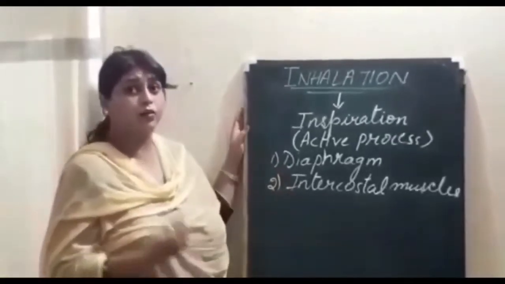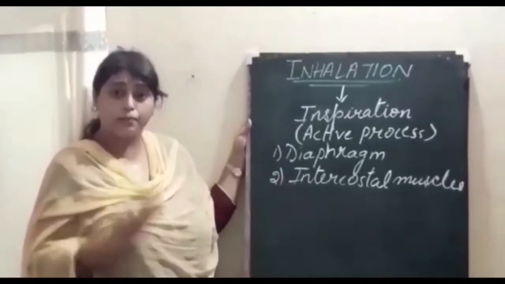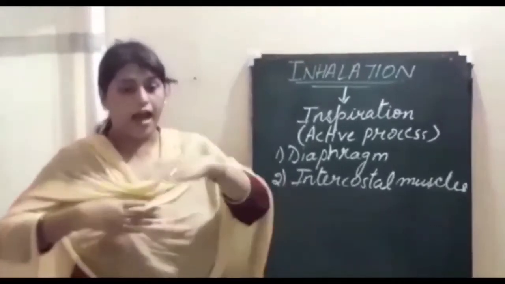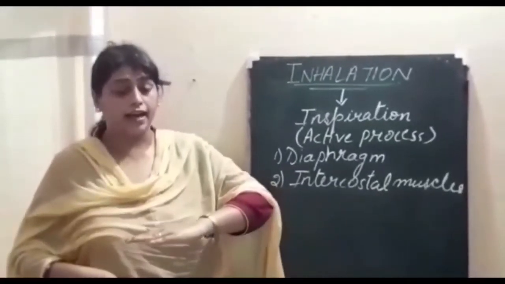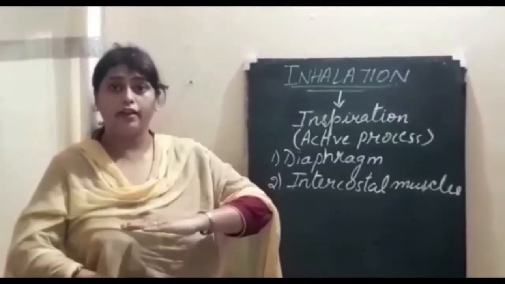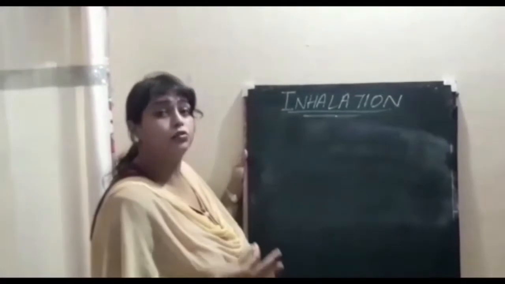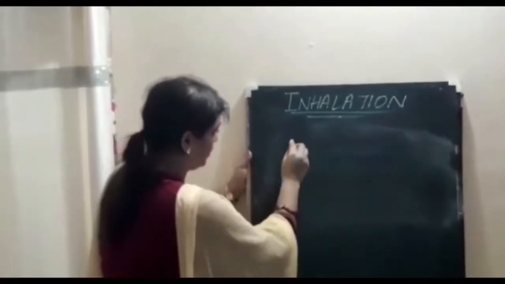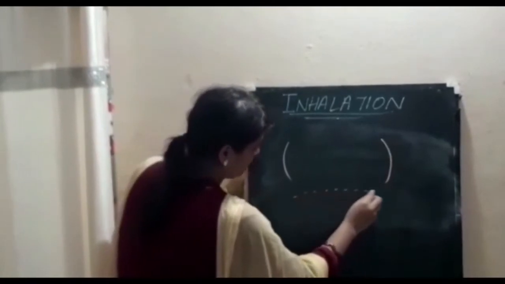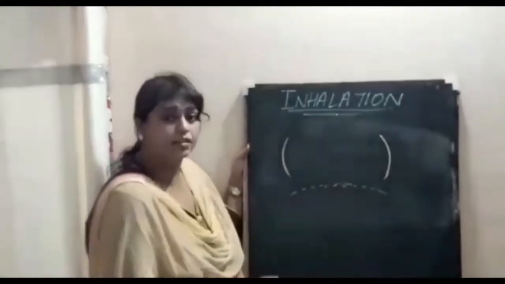To understand what exactly is the diaphragm, it is supported or guarded by the ribs in the front and in the lower side, that is between the thoracic cavity and the abdominal cavity, is the diaphragm. This diaphragm is normally a dome shape. Let me show it to you. These are the ribs and this is the diaphragm. Now it is a dome shape, it has a curve.